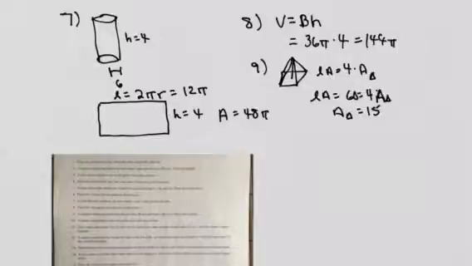What do we know about those triangles? The base is 6, and the area of a triangle is going to be 1/2 base times height. That's 6 times the height, and that's equal to 15.